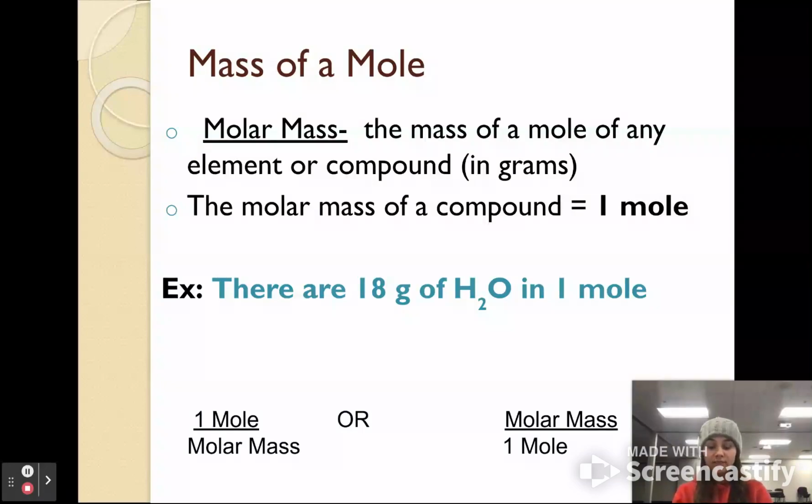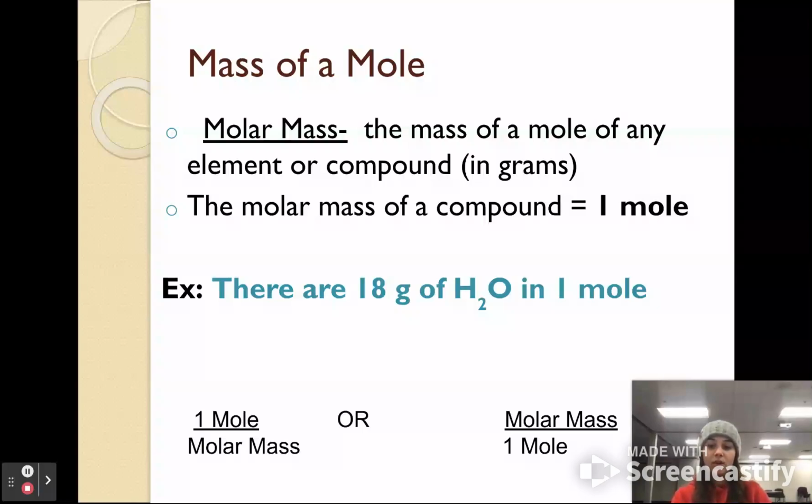So if I ask for the molar mass of H2O, you're going to calculate it, and you say, okay, I have 2 hydrogens, each with 1 gram, right? So I have 1 gram, 2 grams. Oxygen has 16 grams, so I'm going to do 2 plus 16 is 18 grams, right? So for H2O, there are 18 grams of H2O in 1 mole. So again, the molar mass is equal to 1 mole of my compound.